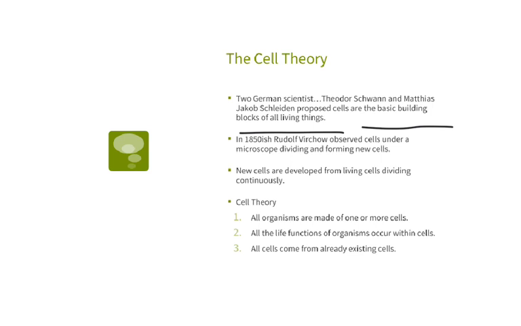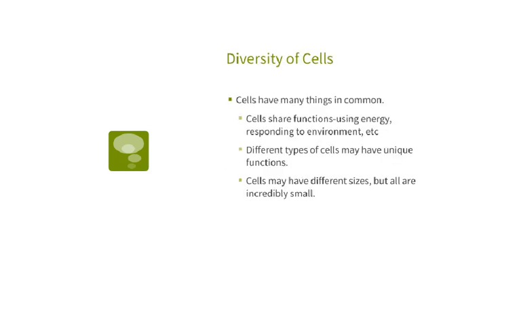All cells come from already existing cells, meaning that previously existing cells have to divide to create new cells. So 3 things I would like you to start embedding into your memory, because we will apply these concepts to different scenarios, and you'll tell me if it backs up the cell theory or not.